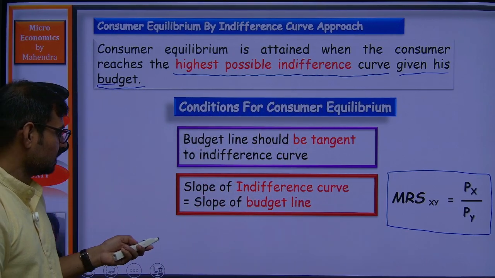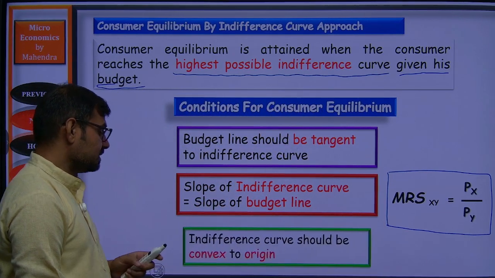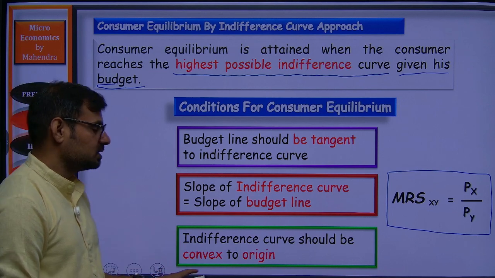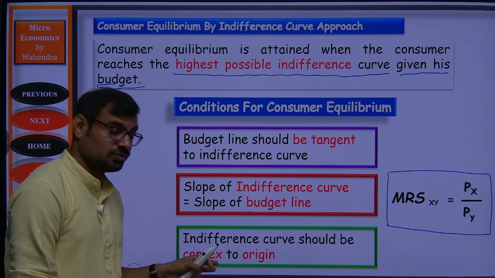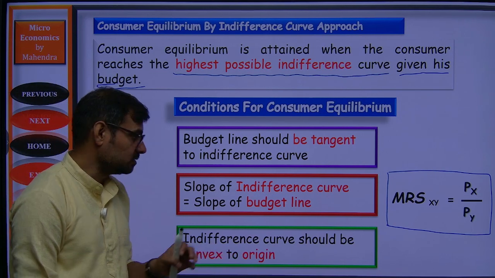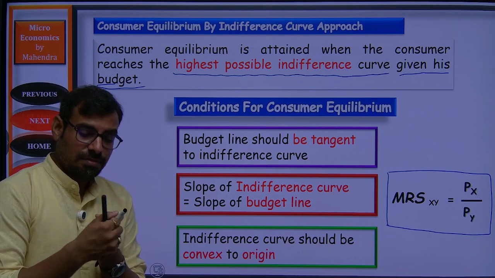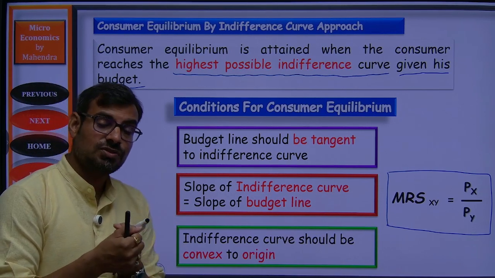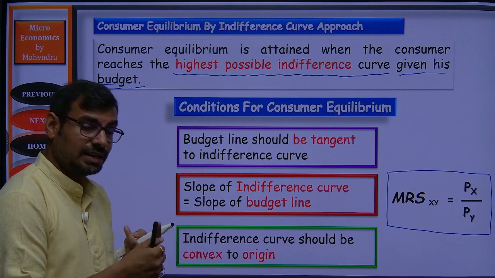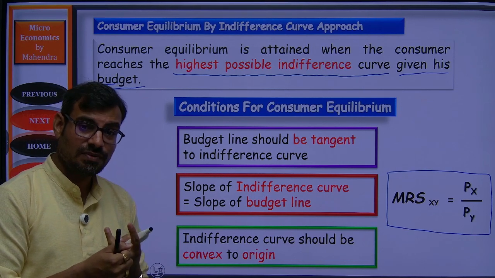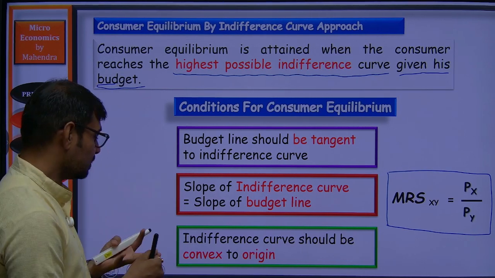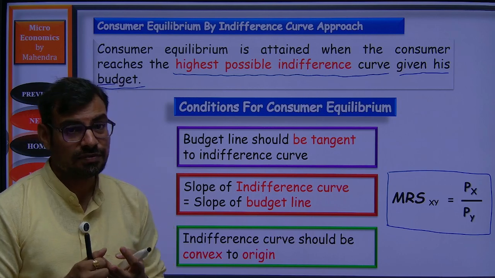So this is one of the conditions of consumer's equilibrium. Now the third is that the indifference curve should be convex to origin. This is one of the properties of indifference curve. So these three things we have to keep in mind. One, the indifference curve should be tangent to the budget line. Second, MRS XY should be equal to PX upon PY. And third, the indifference curve should be convex to origin.